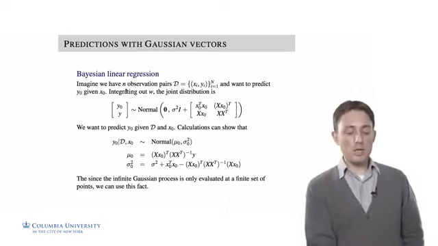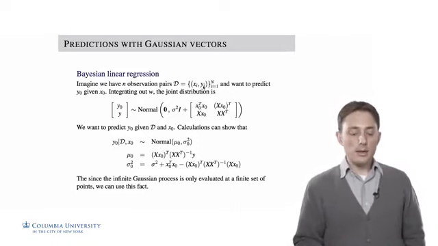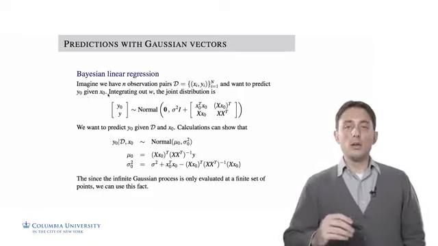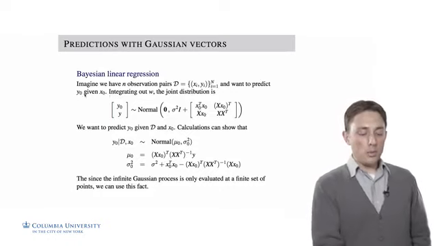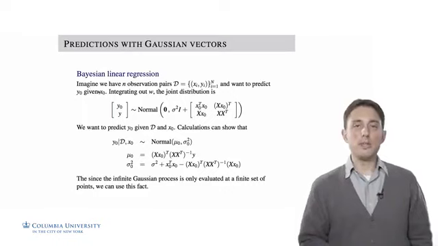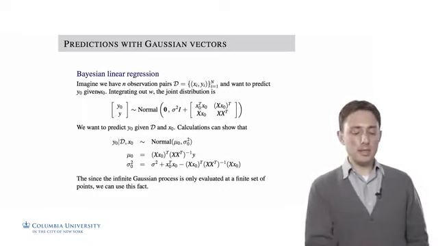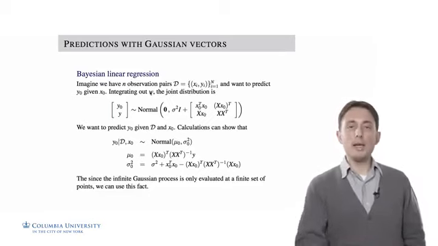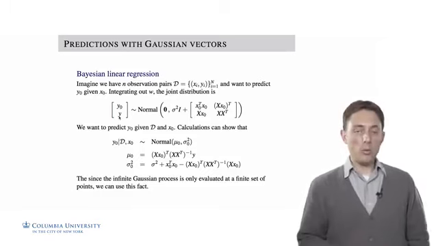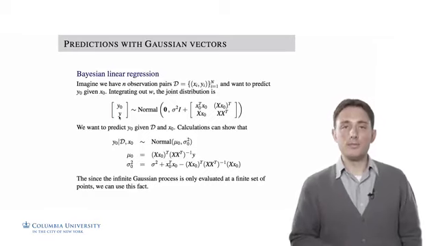So we have this set up. Imagine we have n observation pairs, xi, yi, and we want to predict y naught given a new x naught. According to our model, this observed data and this unobserved data are not IID, but all independent conditioned on the vector w. So we can write the joint distribution of y naught and y by conditioning on w and then integrating out w.